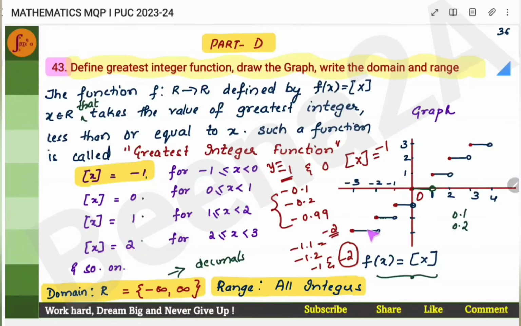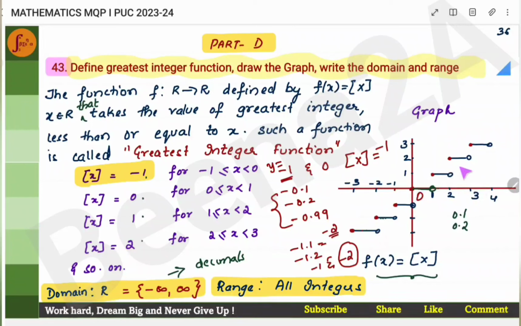And between minus 3 and minus 2, whatever x values are there, the y value is going to be minus 3, because between minus 2 and minus 3 is the smallest number. That's why you see that all these numbers minus 3, minus 2, minus 1 will have a dot here. It's covered, which means minus 3, minus 2, minus 1 will be the function values. And these values here would be open circle.